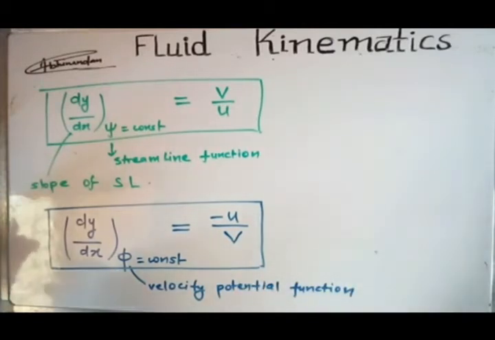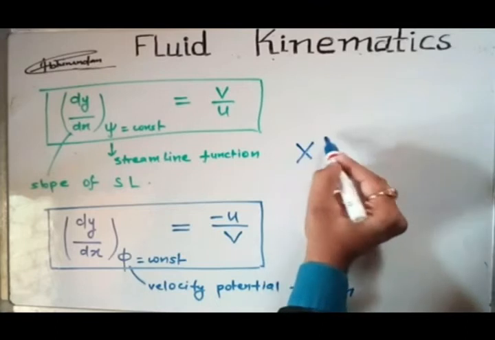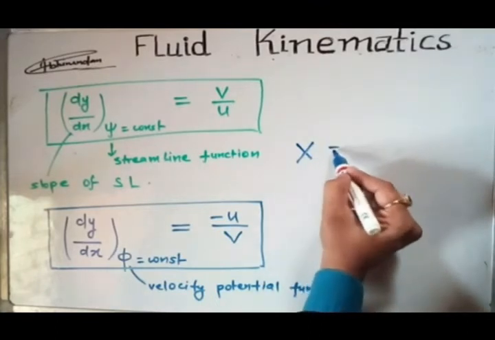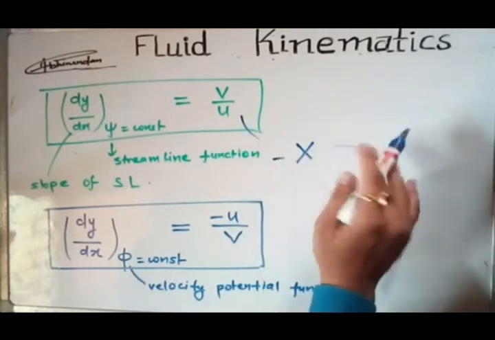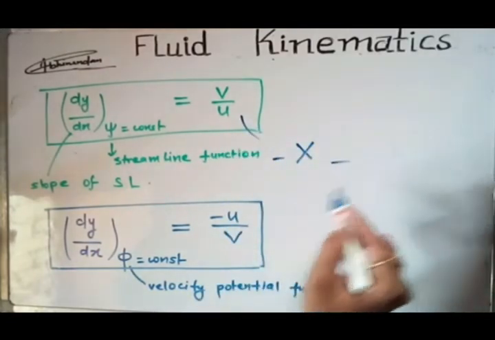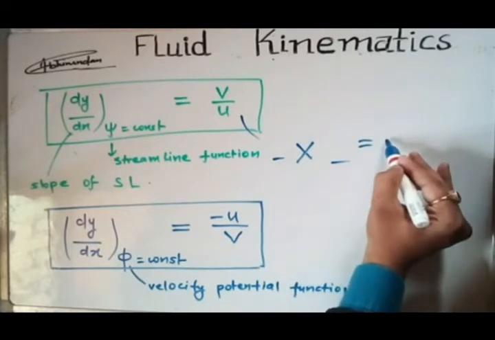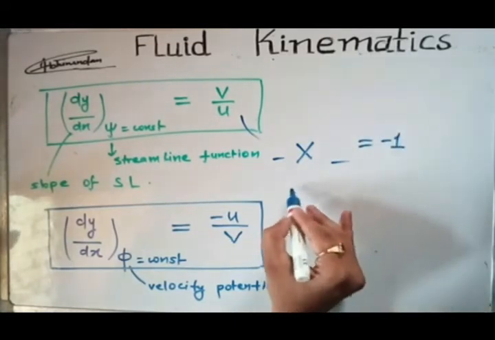Now multiplying both the slopes, slope of streamline and slope of equipotential line, we shall get minus 1 as v and u shall get cancelled.